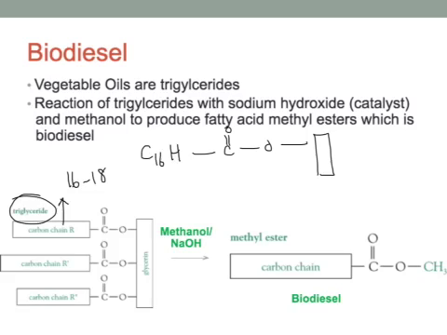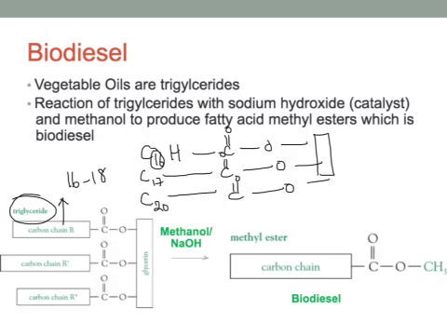There are usually three carbon chains in a triglyceride. That's why the word triglyceride. You can have 17 carbons in this one, you can have 20 carbons in this one. The number of carbons can either be equal or different in each of these chains.